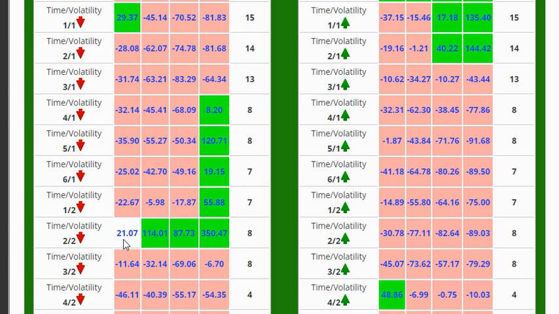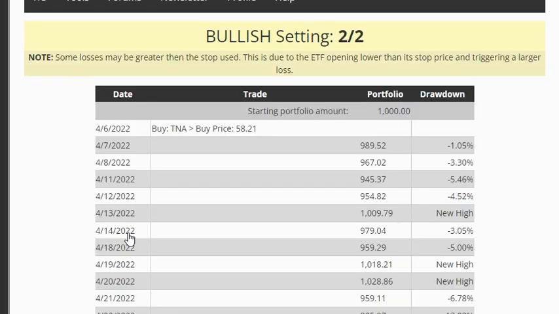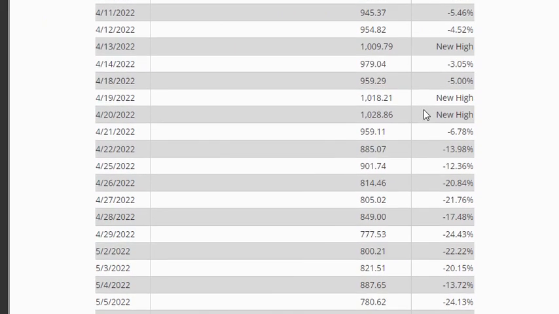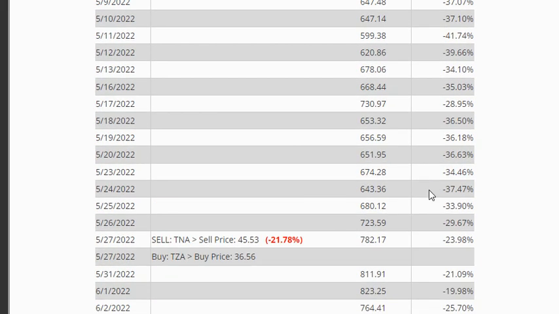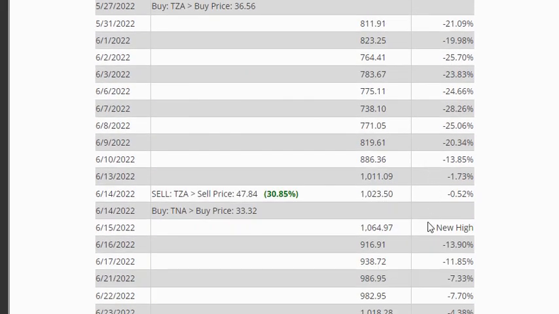So that one also, like the 6-0, is an if. Let's take a look at it just to see. It's just an if. See how it's been behaving. You can see here it went down -24, -37, -41, and then it came all the way back to a new high. That's amazing. That is a really, really strong setting.